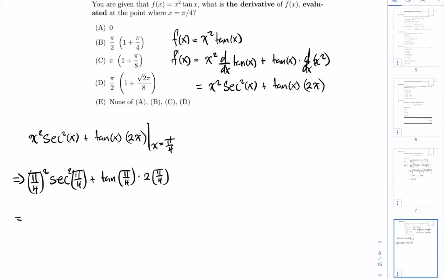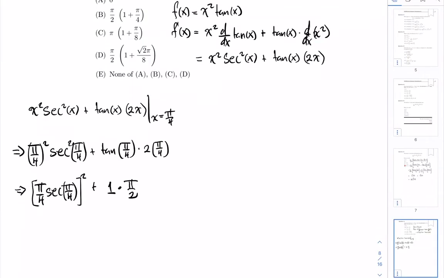I can rewrite this as pi over 4 times the secant of pi over 4, all squared, plus 1, because tan of pi over 4 is 1, times pi over 2.